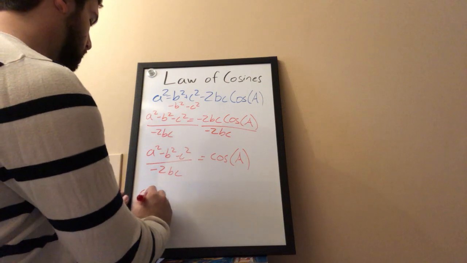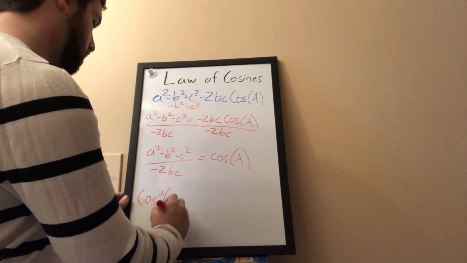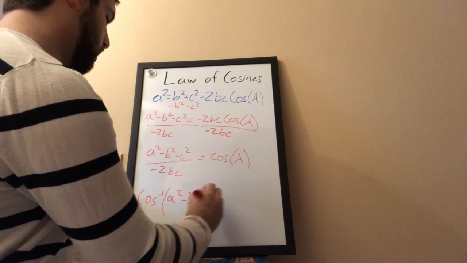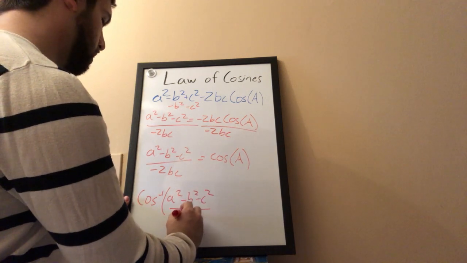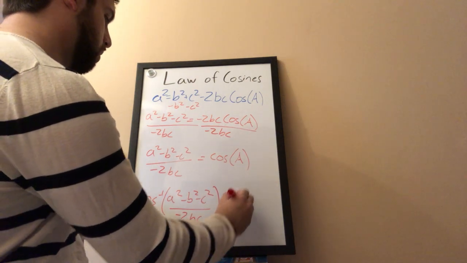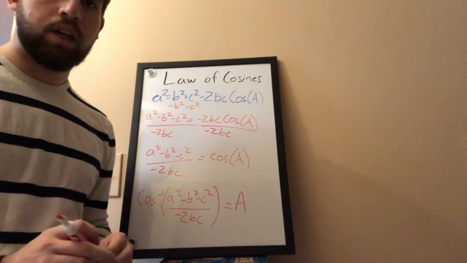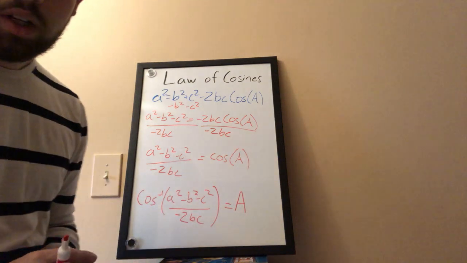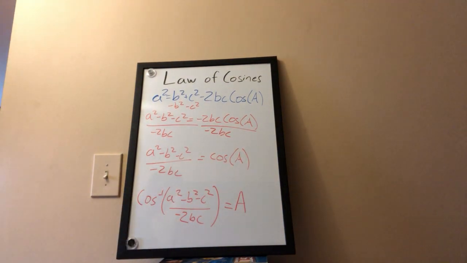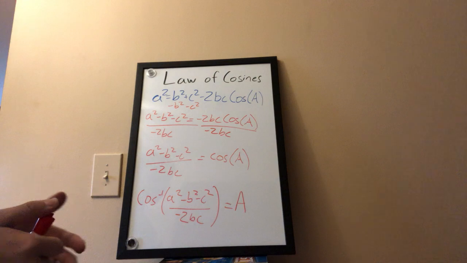So I'm going to do cosine inverse of a squared minus b squared minus c squared, all divided by negative 2bc, and that equals my angle A. So I'm going to use this formula, cosine inverse of a squared minus b squared minus c squared divided by negative 2bc, to solve some problems.